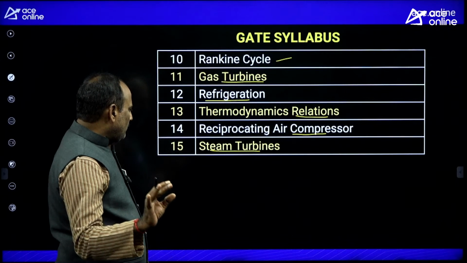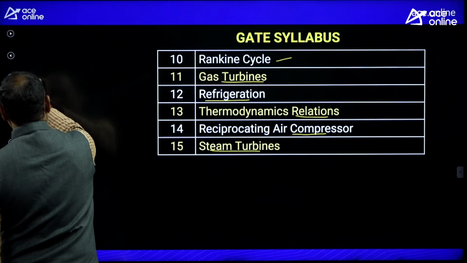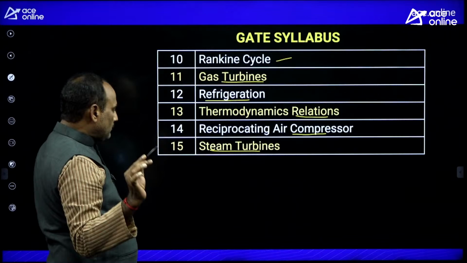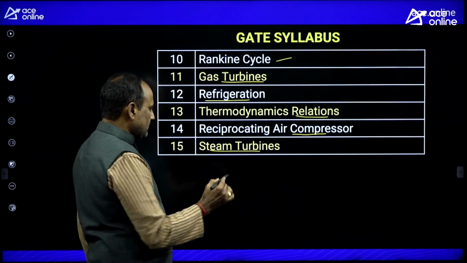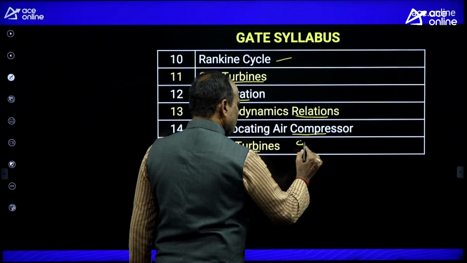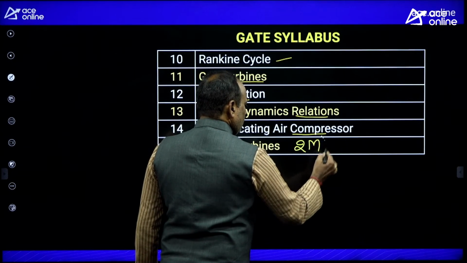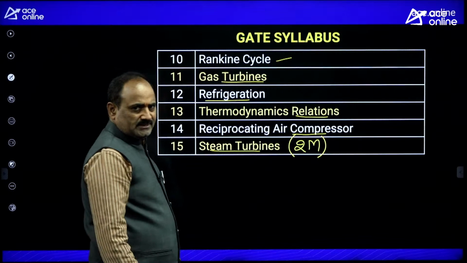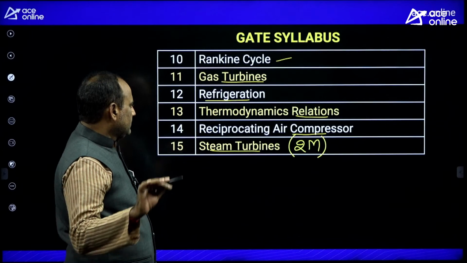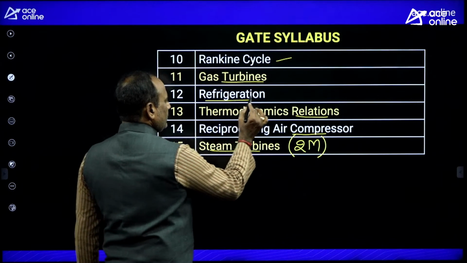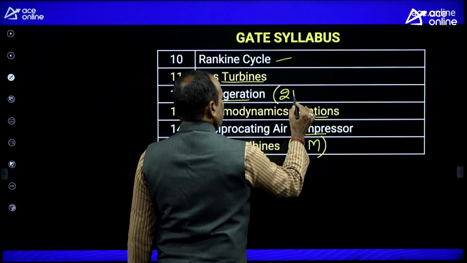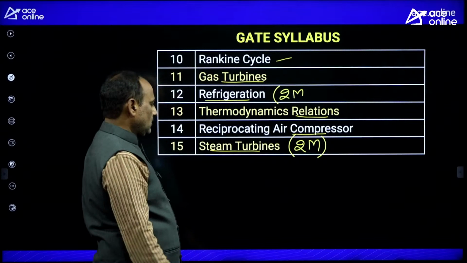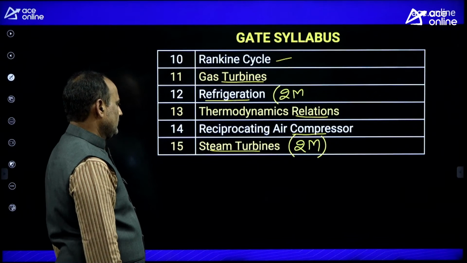Okay? Among these topics, dear friends, remember, the most important units are steam turbine, from which you can expect 2 marks. Similarly, the other important unit is refrigeration, from which also you can expect 2 marks.